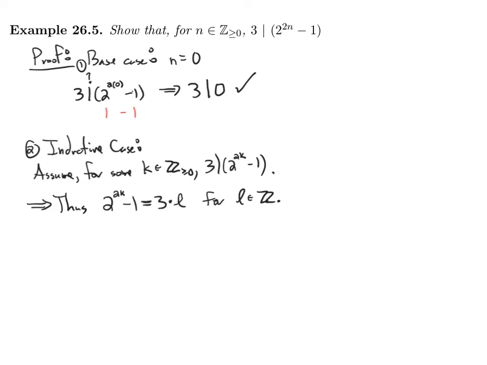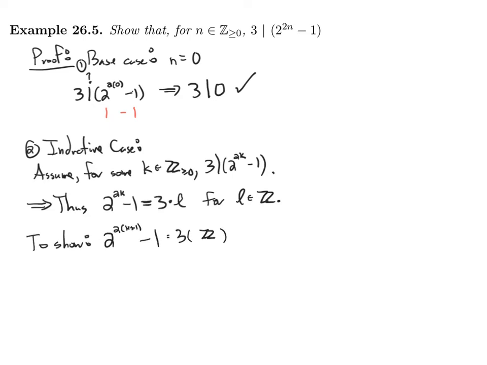I'm going to leave a little bit of space here because I'm just going to follow your nose, and we'll see that maybe we're going to have to rearrange this in order to come up with something that looks a little bit more usable. So what do we want to show? We want to show that we can write 2 to the 2k plus 1 minus 1 as 3 times some integer, right?